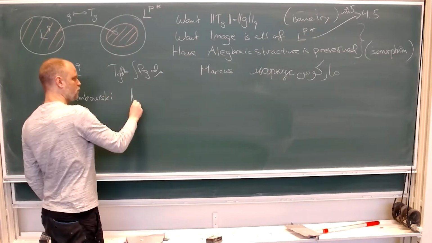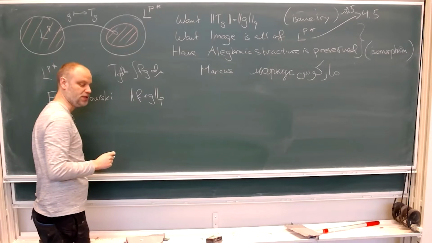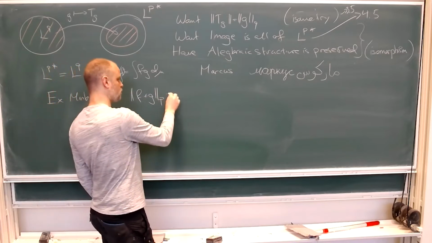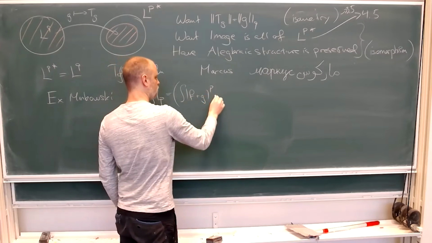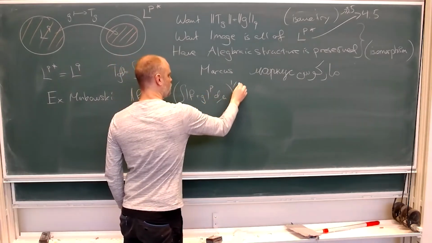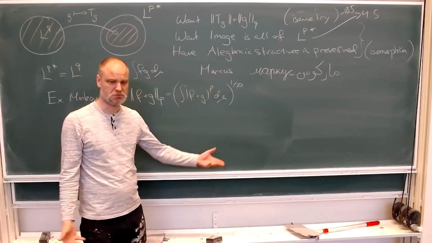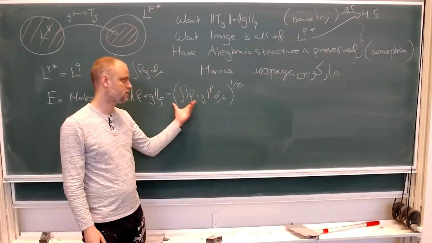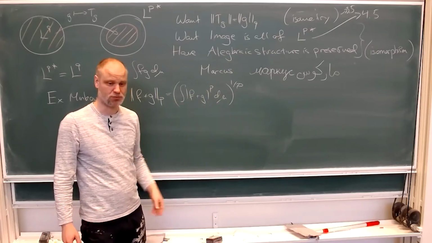So we want to compute the norm of f plus g in L^p. This is the integral of |f plus g| to the power of p, dμ, to the power of 1 over p. And here we are. What are we going to do with this? There's a power of p there. It's very hard. With algebra you cannot do much with this. There's another stupid power there.